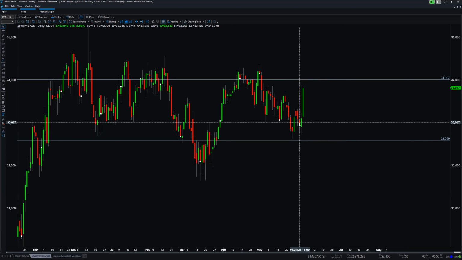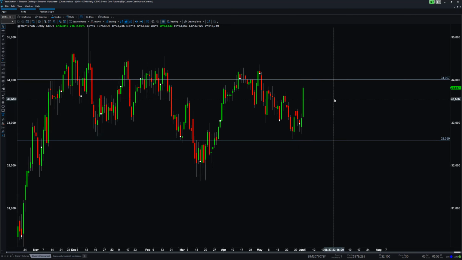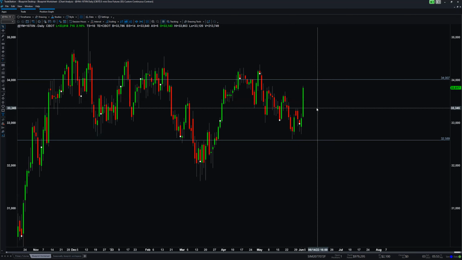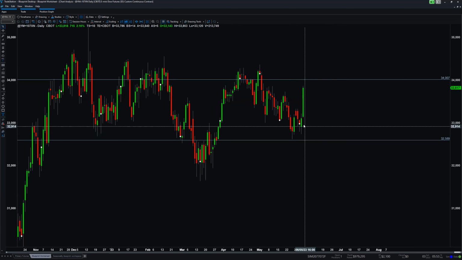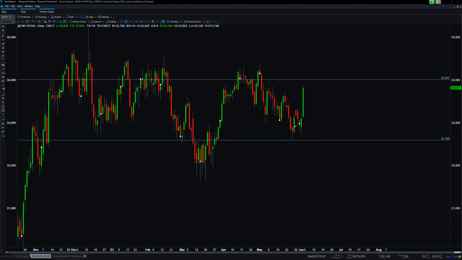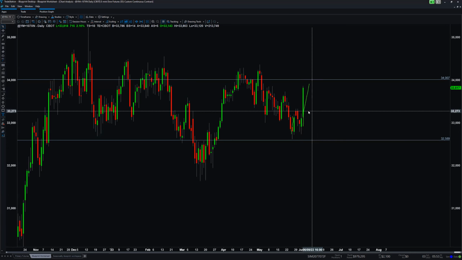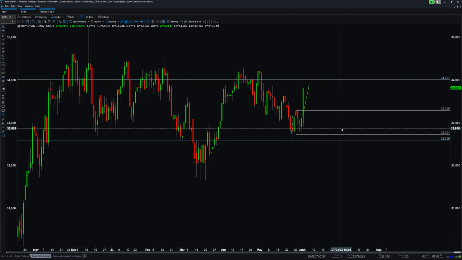Now, there are some ways you can draw this. Let me put a few ways in. Some of you may say that we have a rally and a rally, and that we have 3 basing candles in the middle. In this case, you would have a rally-base-rally that looks like this.